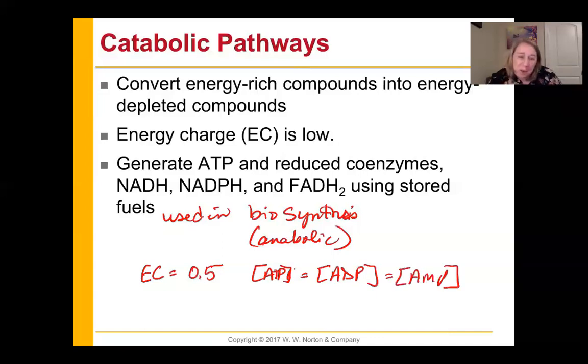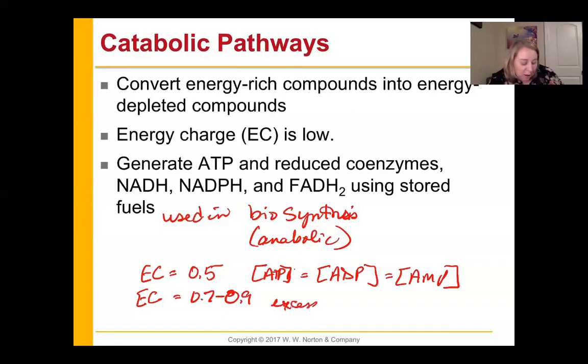We don't really want them to all be equal. What we said is that the common energy charge of the cell is anywhere between 0.7 to 0.9. So what we have is an excess of ATP. That's why we are between 0.7 and 0.9, right?